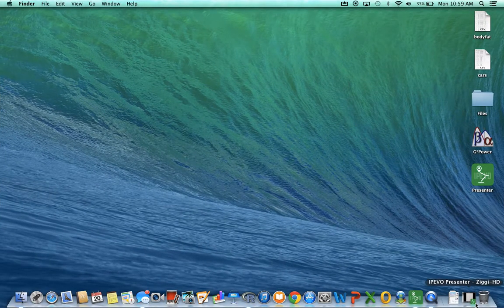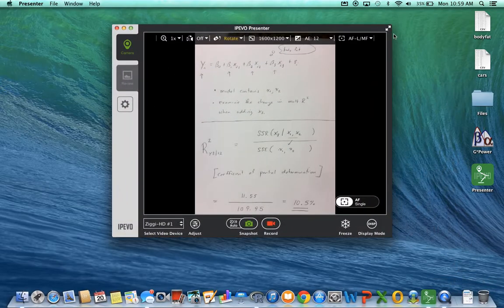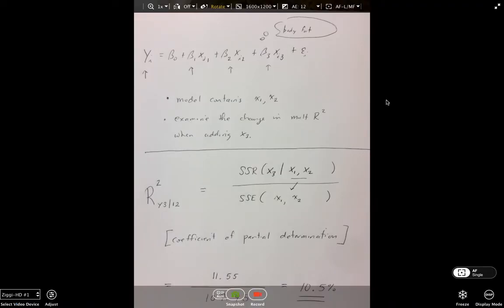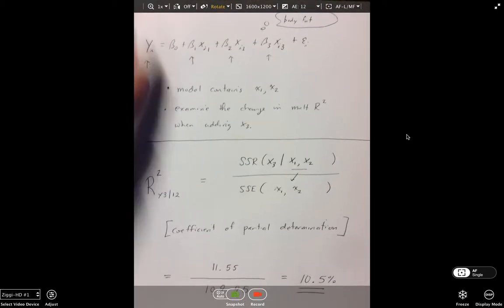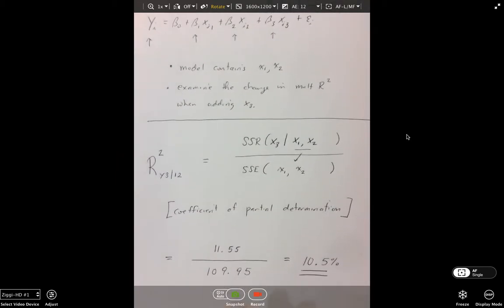Now let me get back to this, and you can see that I've just made the simple calculation right there.